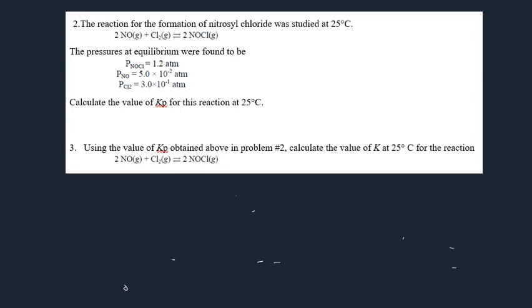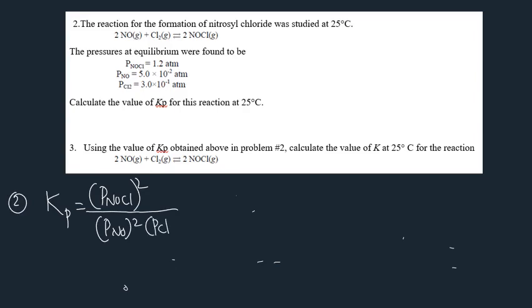So what we have to do for the second question is write the expression for Kp. Kp equals PNOCl to the power 2, because the coefficient is 2 in the balanced equation, divided by PNO to the power 2 times PCl2, and now I can plug in the values.